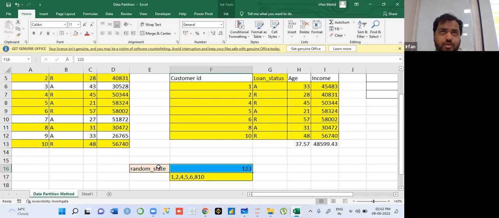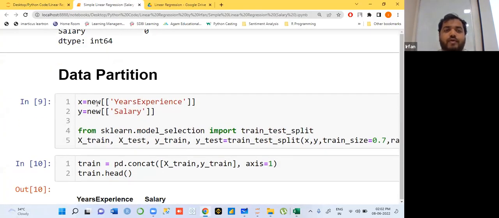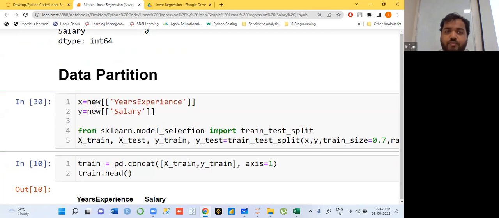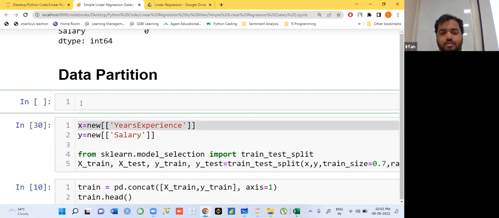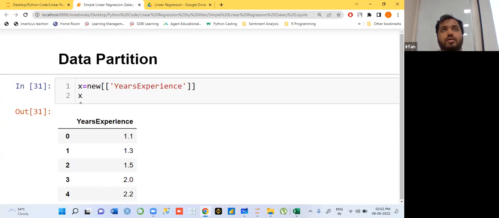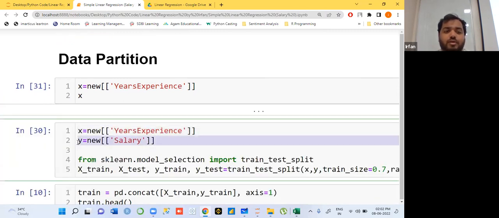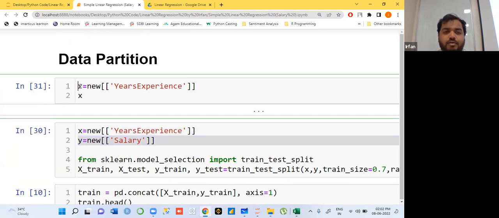Let's see how it works in Python. On screen, I take X. Can I say years of experience is X for us? If I take Y, what will I have in Y?